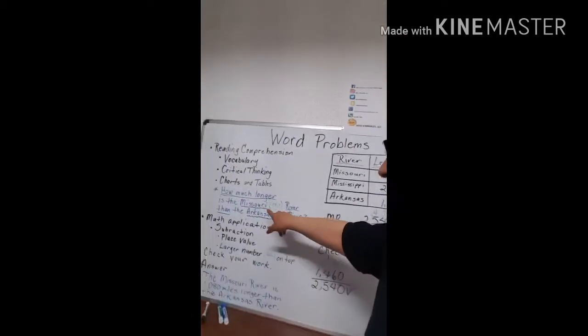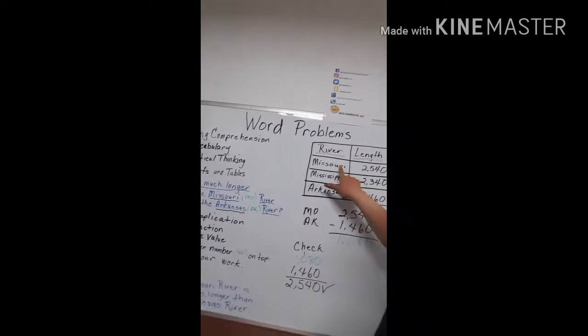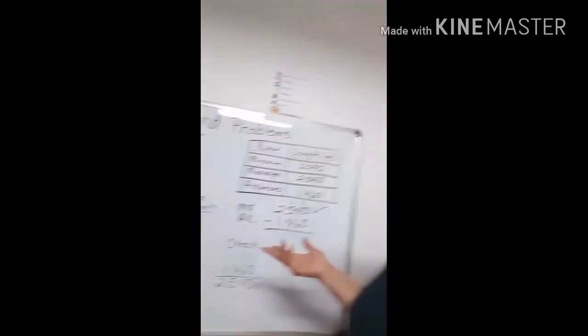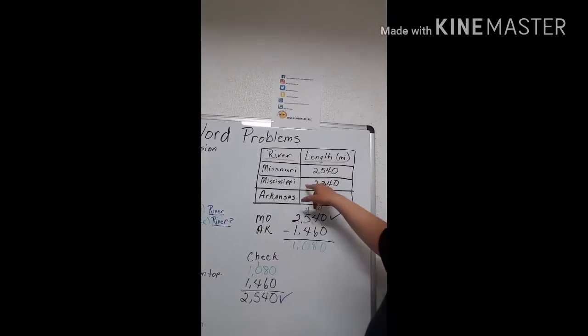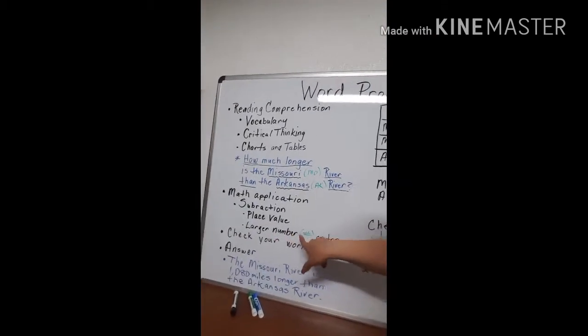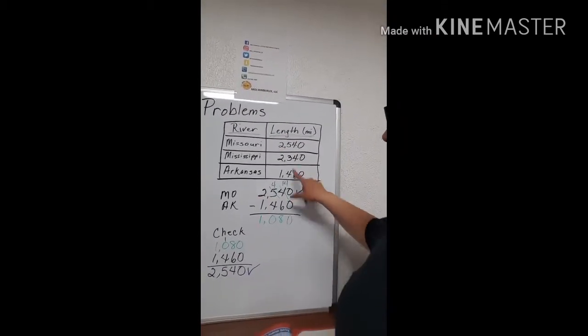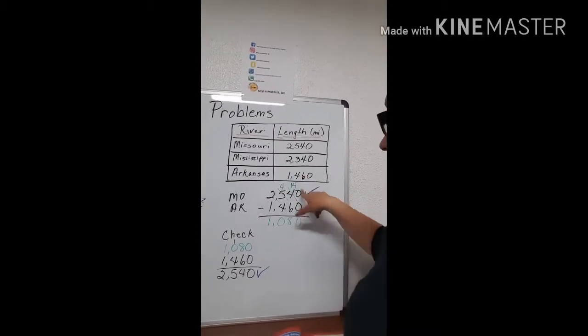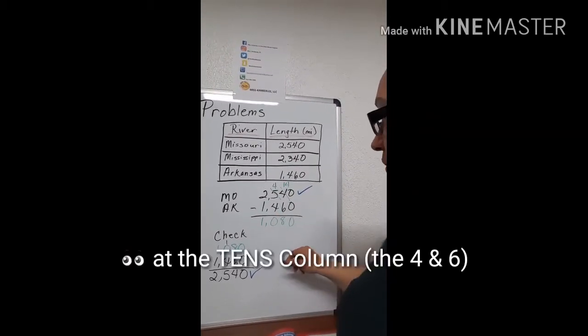So you need to figure out which one it is. They asked for the Missouri River, so you look at Missouri. They ask you for Arkansas, so you focus on that. For the purposes of this problem, the Mississippi River doesn't matter. So you put the larger number on top, as we discussed. Then you put the Missouri there, then the Arkansas there, and you're ready to do the subtraction.